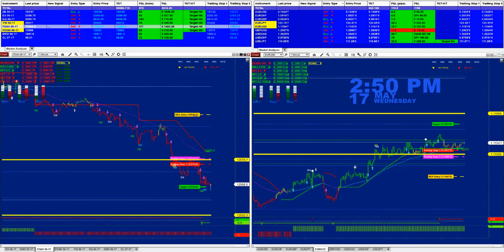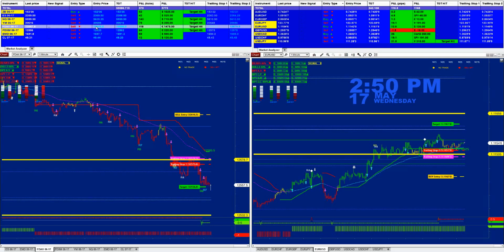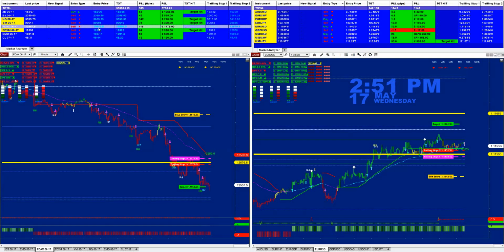We had an entry on the DAX today at 2616. If we are looking at the DAX, it is 118 ticks. We had an entry at 16.5, and the target is 56, and it hit right into the target. No sweat whatsoever. Let's look at the NASDAQ.